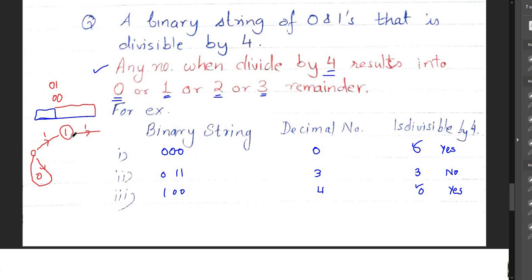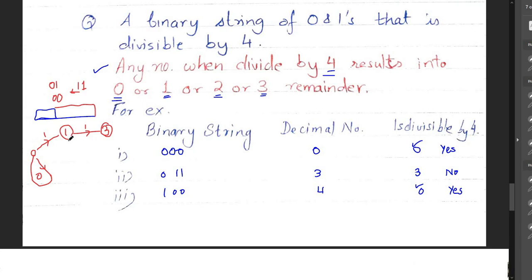Earlier it was remainder 1 and now you get a 1. You shift the existing number to the left side and append a 1. So definitely it becomes 3, and the remainder will be 3.